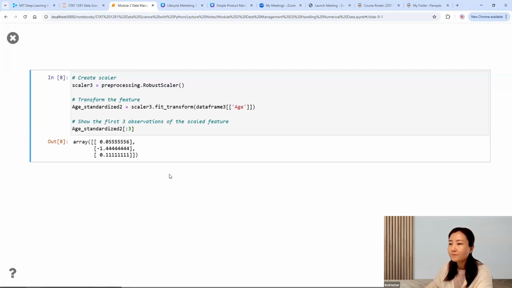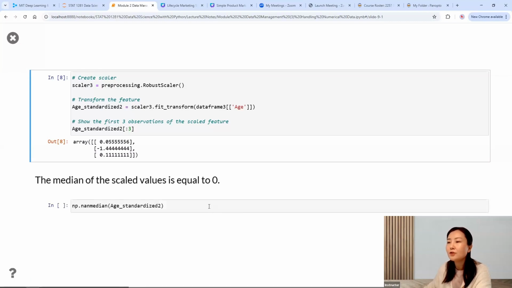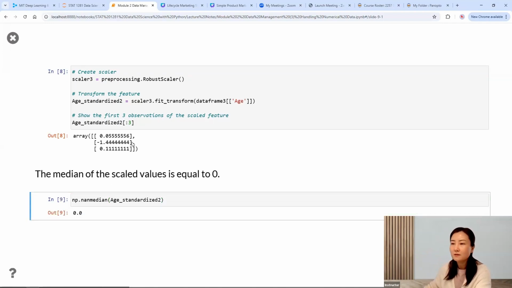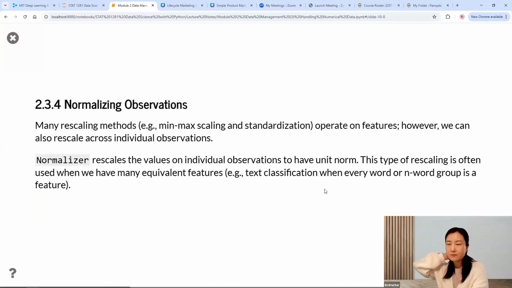It's not bounded, just like the standardizer, but the median should be 0, because in the formula we subtract the median from each observation. Consequently, the median should be 0. By the way, we should use the function nanmedian because there are missing values in the processed data. So this is a robust scaler.